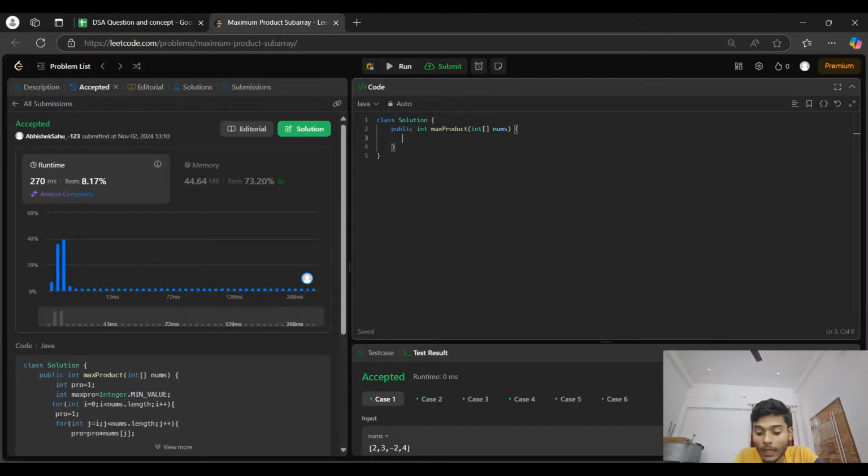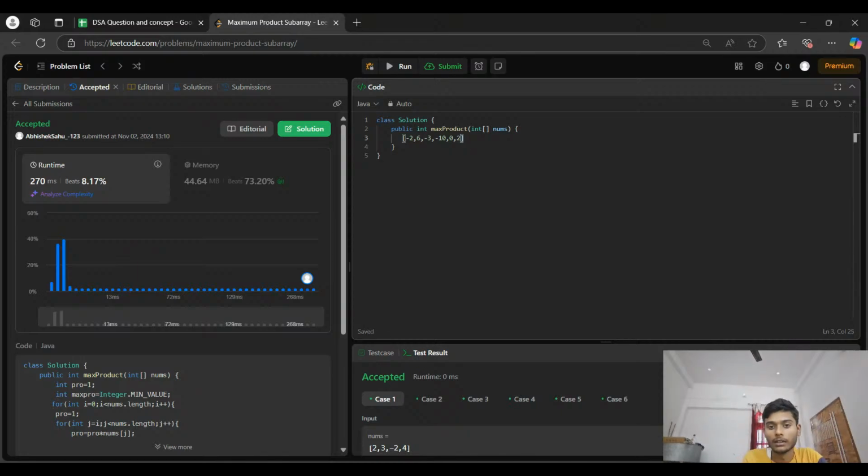Right, I show you one thing. Take the array minus 2, 6, minus 3, minus 10, 2.